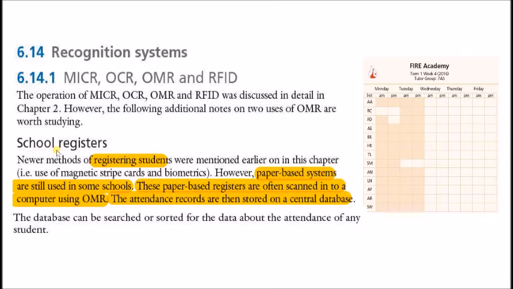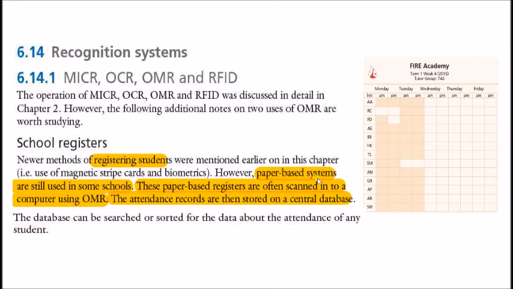Now, as previously we said that we have automatic registration for the schools, but if we don't have automatic registration and we have no biometrics for these students or magnetic cards, it will be manual, a paper-based system.